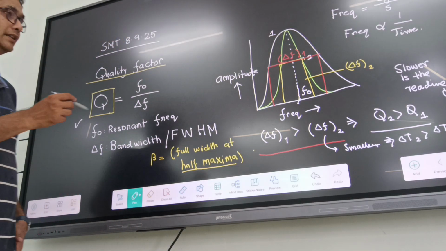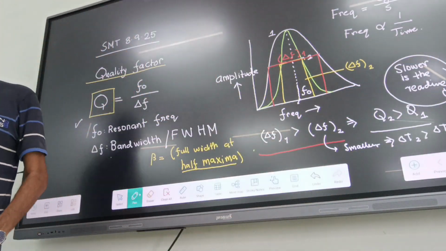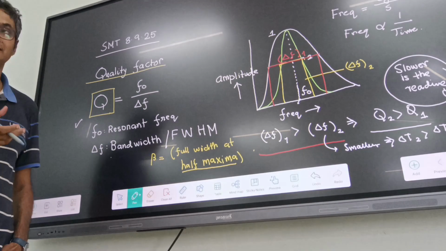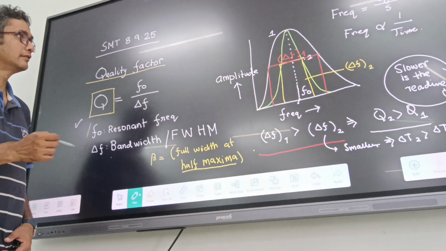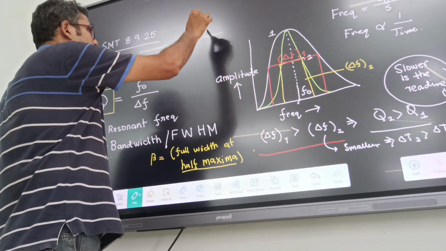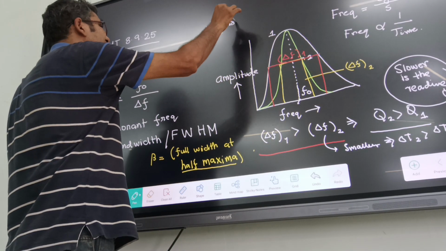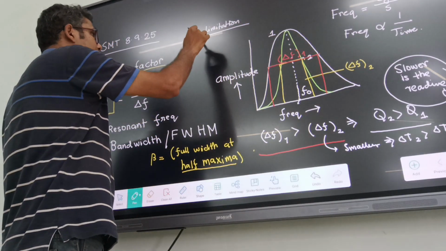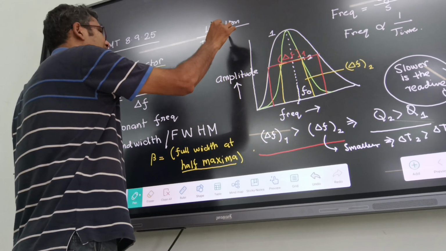So that is why, in the case of a very sharp, very sensitive sensor, there is a problem that real time reading is not possible, it takes a lot of time. So this is the disadvantage, limitation. Time taking.